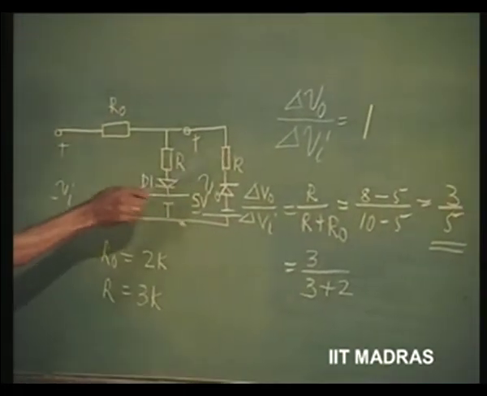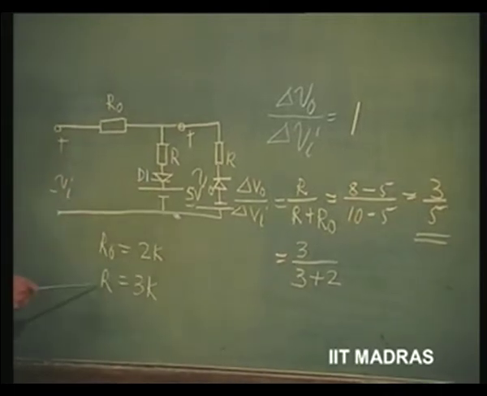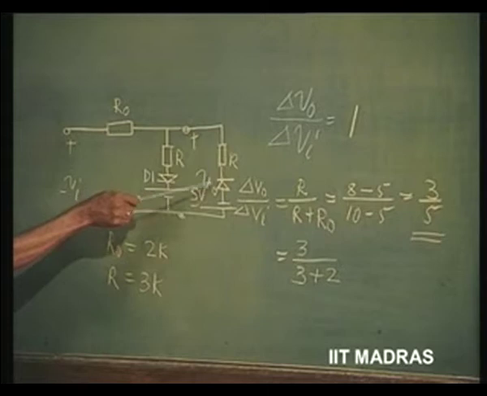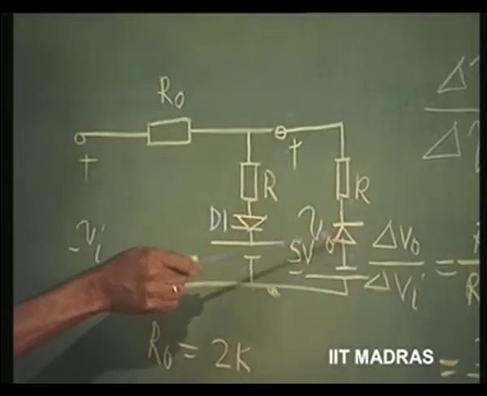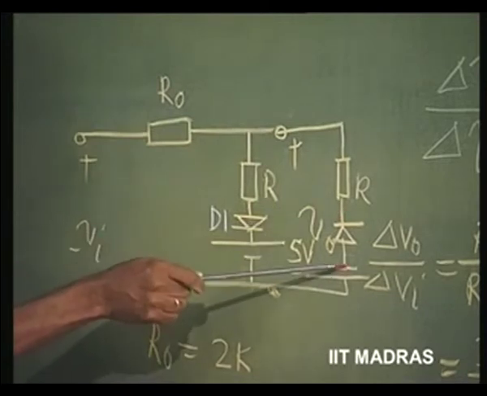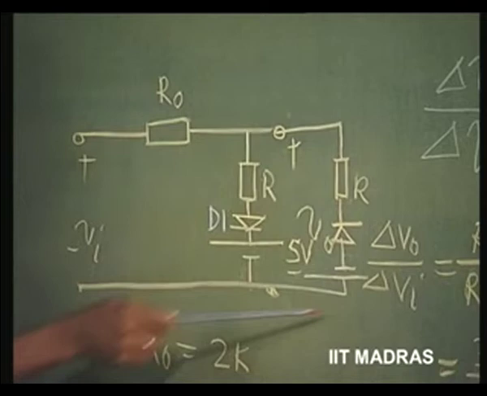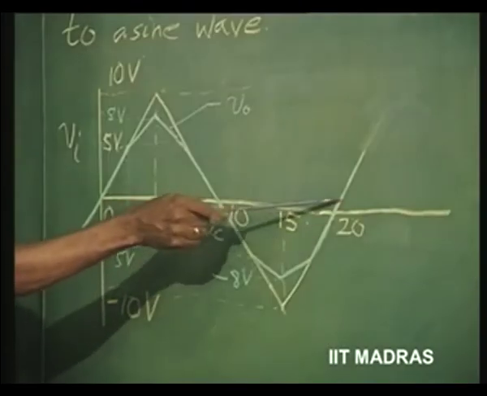For R naught of 2K, you have to put R of 3K here also, but the diode combination is changed. This diode comes into picture for a voltage more negative than minus 5 volts, and keeps conducting and maintains this waveform throughout.